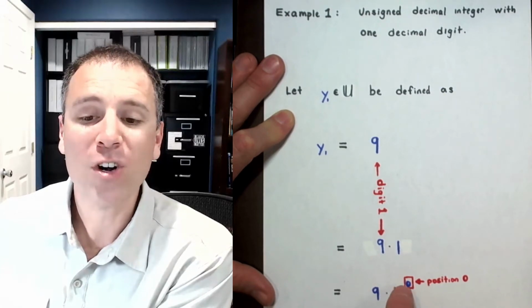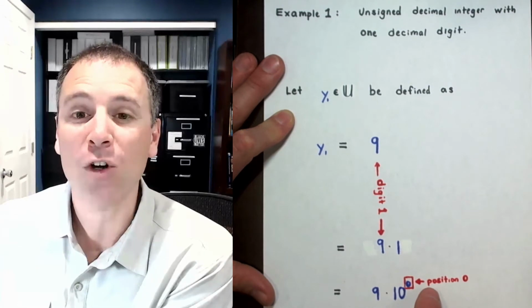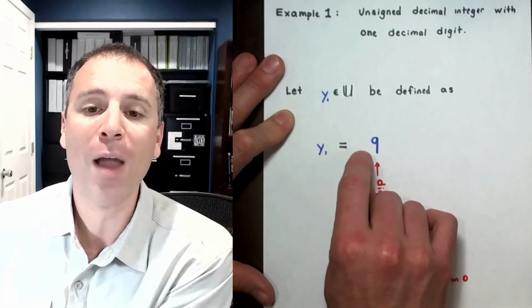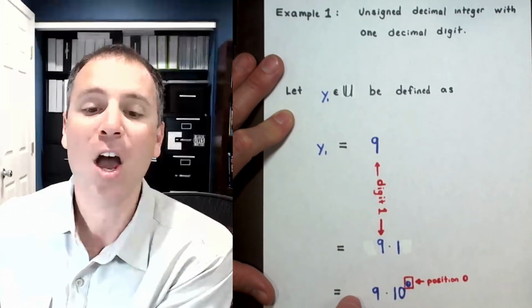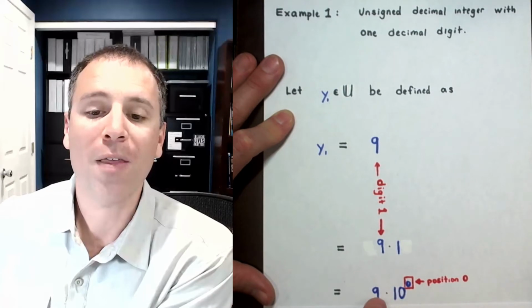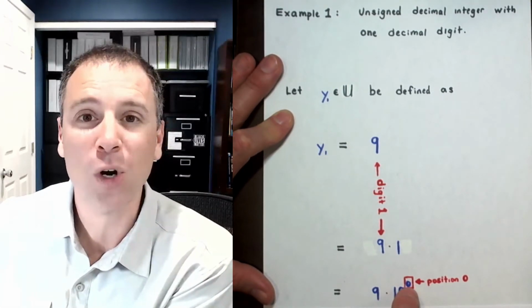The moment that we start identifying powers of 10, we're going to call that the position value for each individual digit. So another way to say that y1 is equal to 9 is to say y1 is 9 times 10 to the 0, where the scalar coefficient 9 is matched with position 0 on base 10.